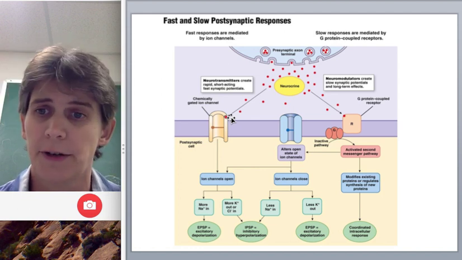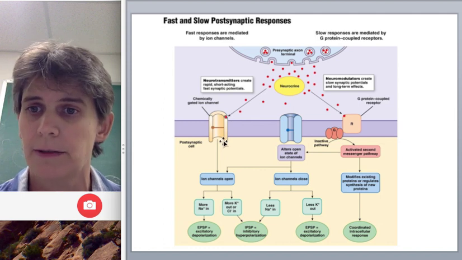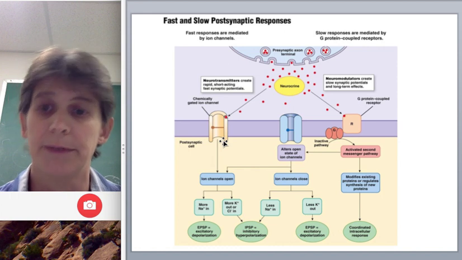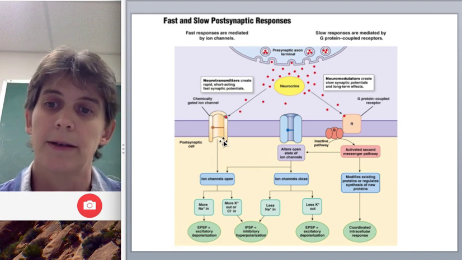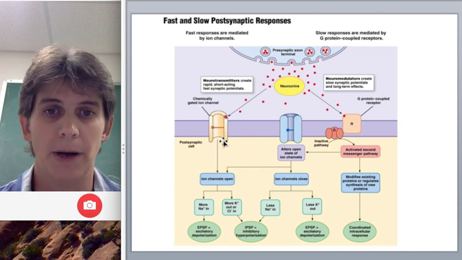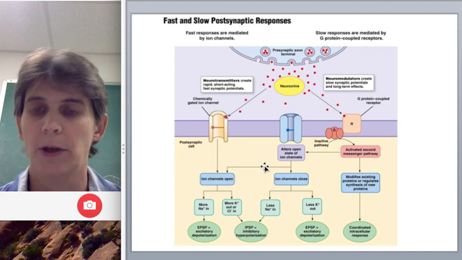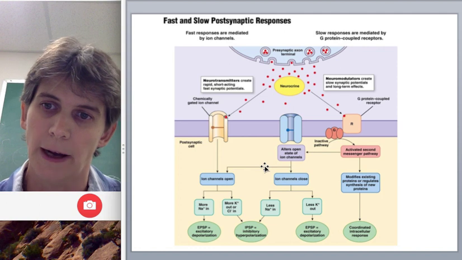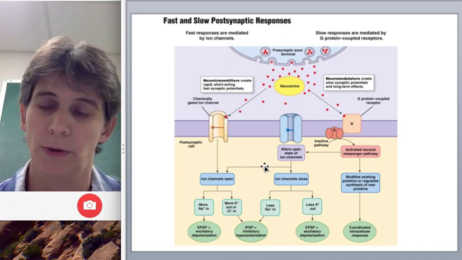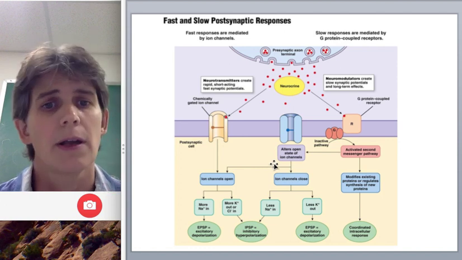This could be an ion channel for a variety of ions, but most commonly it's either a sodium ion channel, a potassium ion channel, or sometimes an ion channel that can pass both sodium and potassium. Chloride channels are the final major option that's possible. So that's one set of possibilities, that an ion channel will open and then an ion will move down its electrochemical gradient. For example, sodium moving down its electrochemical gradient into the cell, or potassium out.